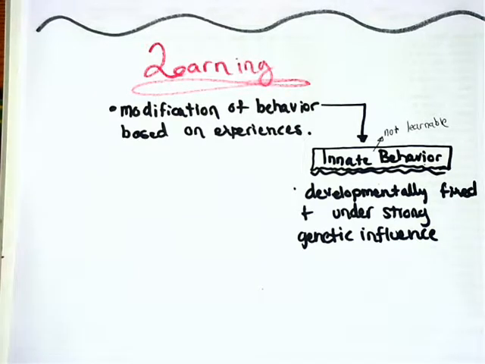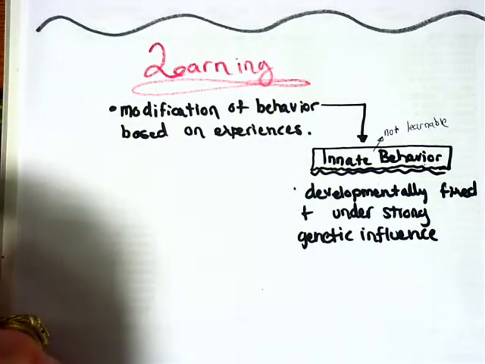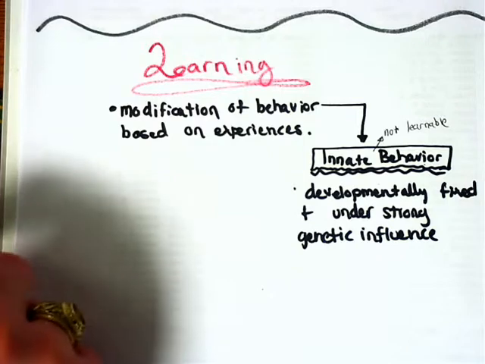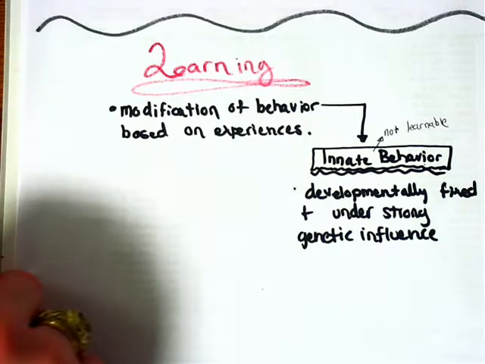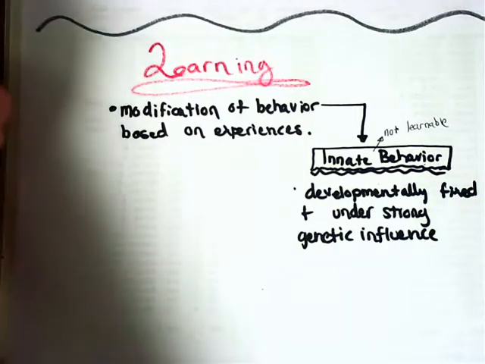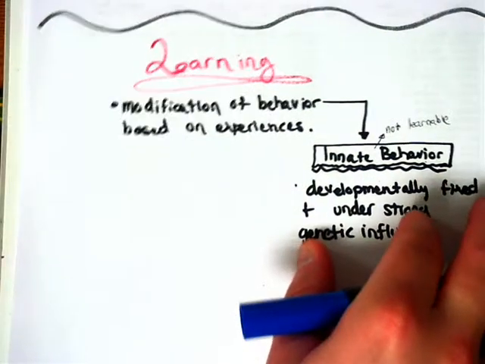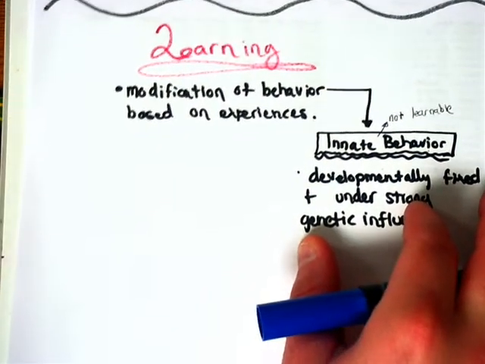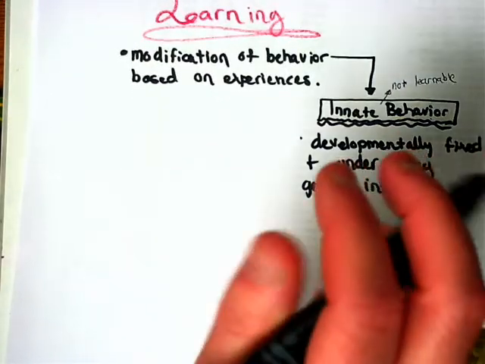You really can't learn how to do that differently. It's got to be something that's essentially unchangeable. Breathing would be innate. Something that is built in with you, that came packaged with you with your program. Something that really can't change.